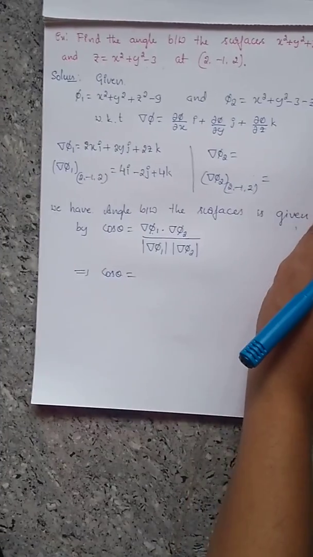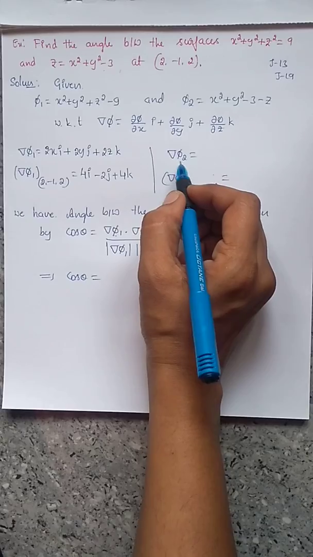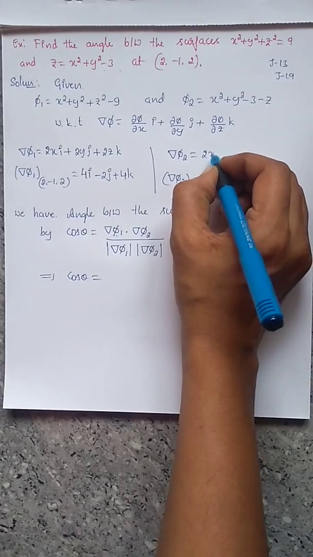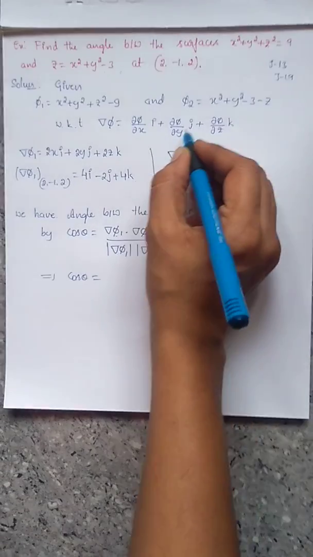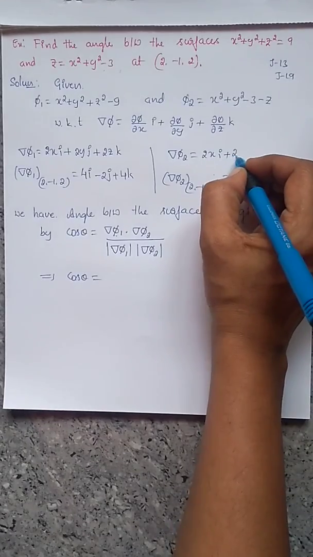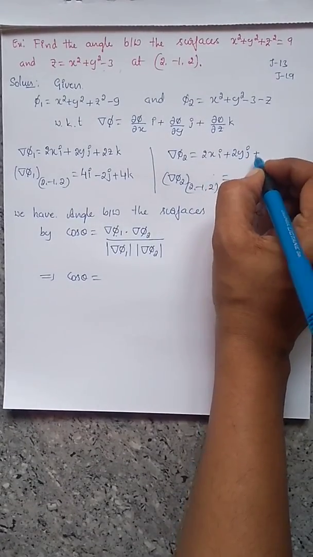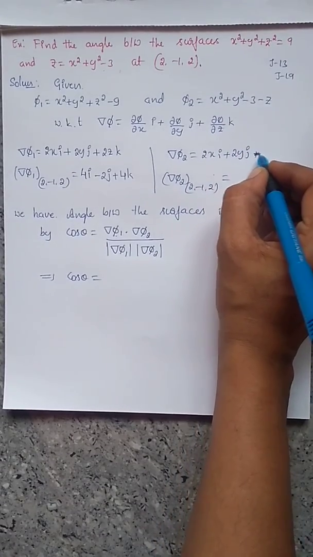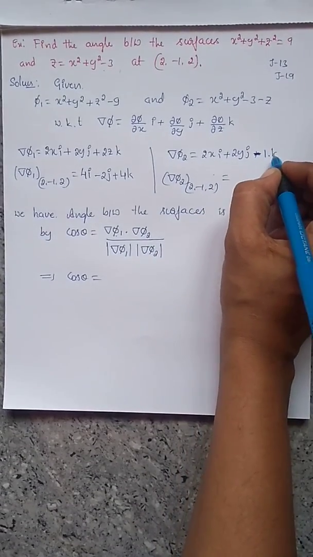Similarly, find the second gradient, del pi 2. Pi 2 differentiated with respect to x gives 2x i, with respect to y gives 2y j, and with respect to z gives minus 1 times k, since x, y, and 3 are constant.